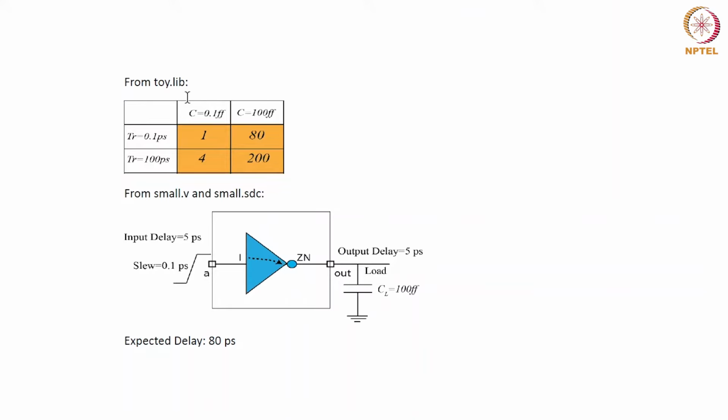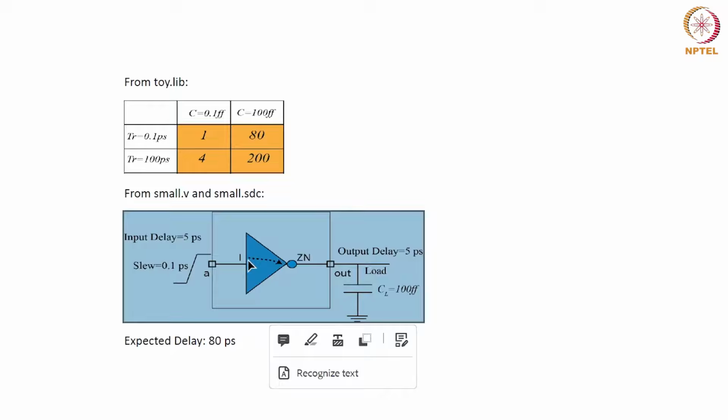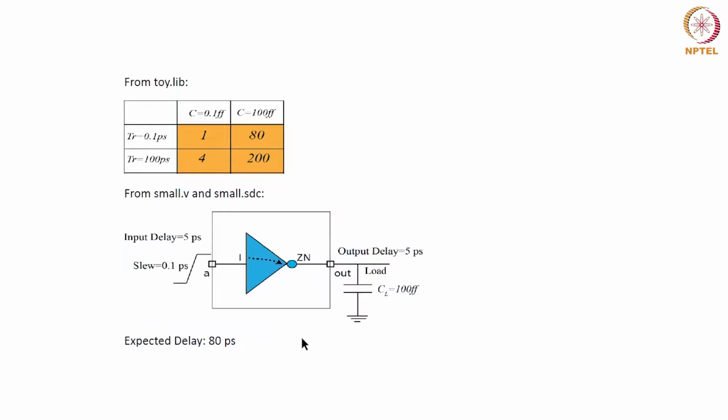If we refer to the NLDM table, corresponding to input slew of 0.1 picosecond there is the first row, and corresponding to the load of 100 femtofarad there is the second column. The first row, second column value is 80. So the expected delay of the inverter, the timing arc I to Zn, will be 80 picosecond.